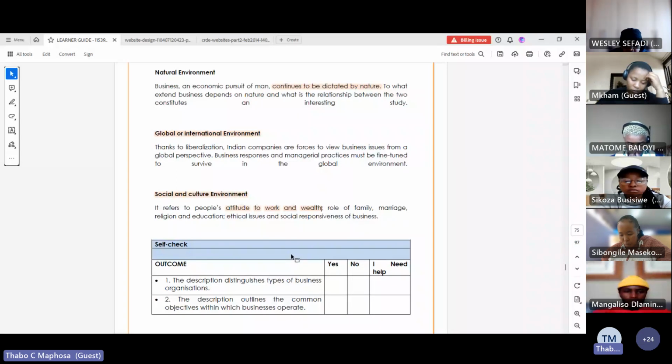We're talking about even their beliefs. We're talking about education. We're talking about religion. We're talking about the role of family. We're talking about wealth and things like that. So ethical issues, social responsiveness of any business. All of these things play a very important role in a business.